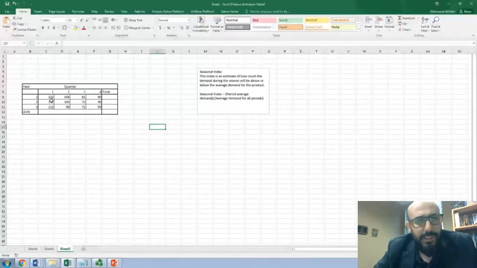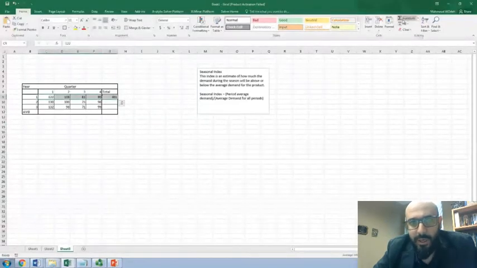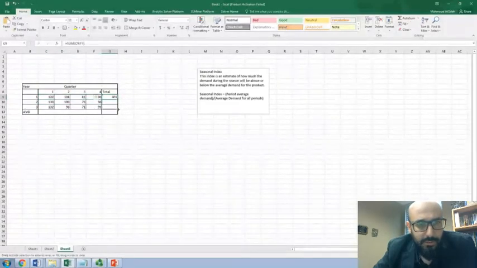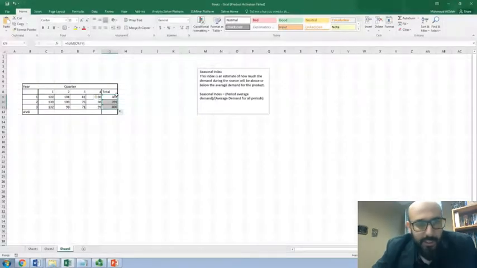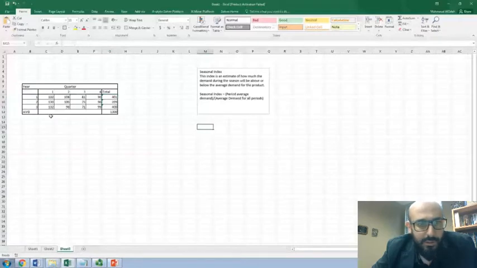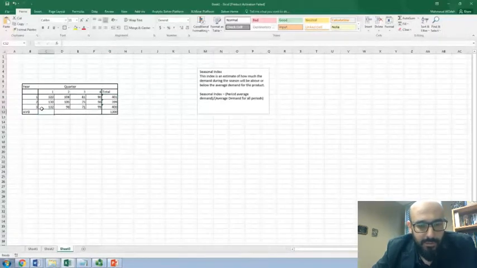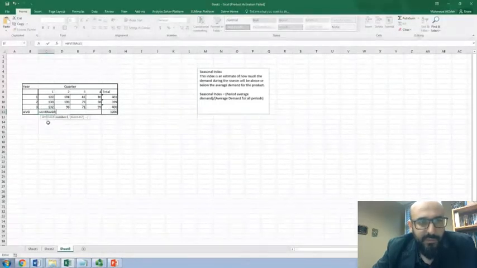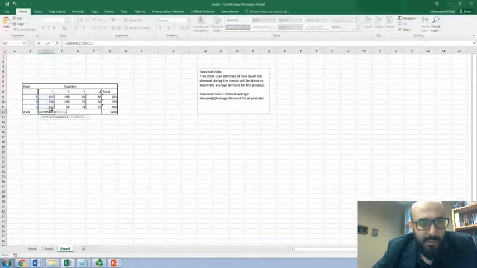Okay, going back to this example, what we first need to do is find the total for all the demands for all the years. And then we found the total. Okay, and now we find the average. The average for each quarter. We have 4 quarters here and 3 years.